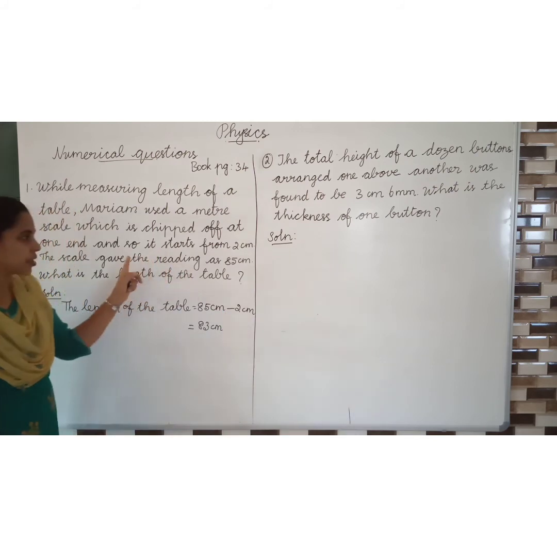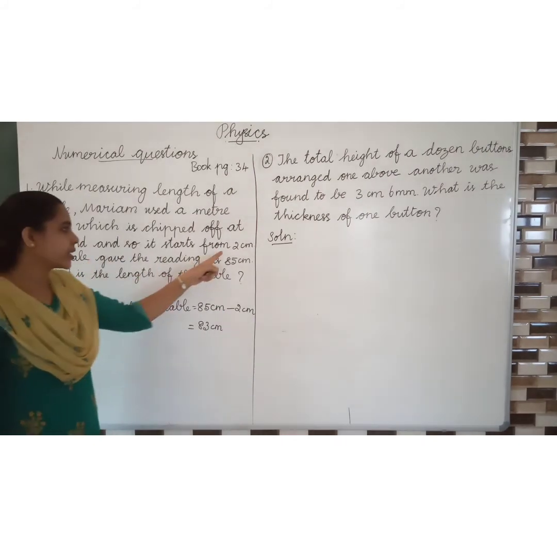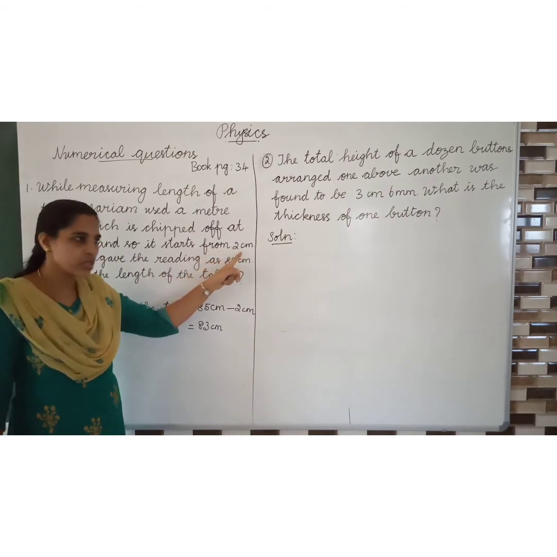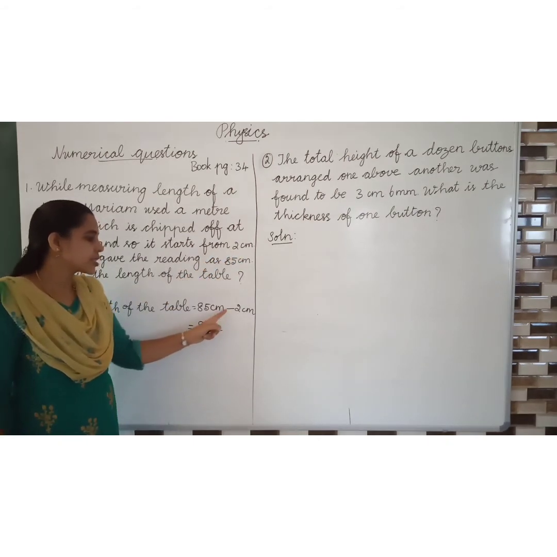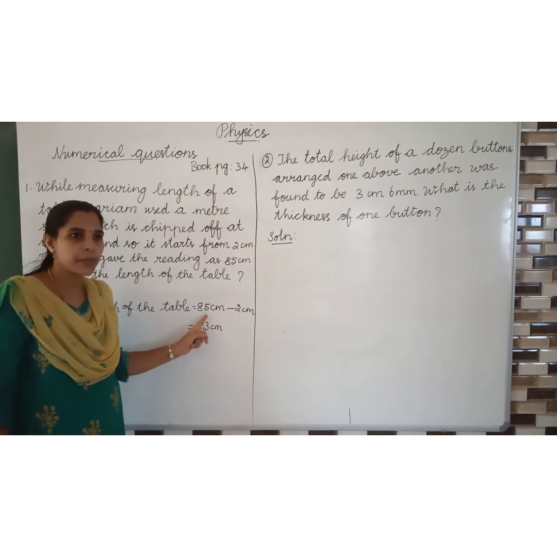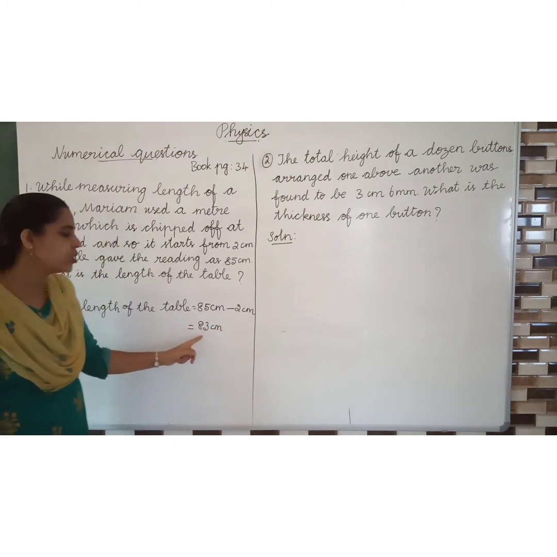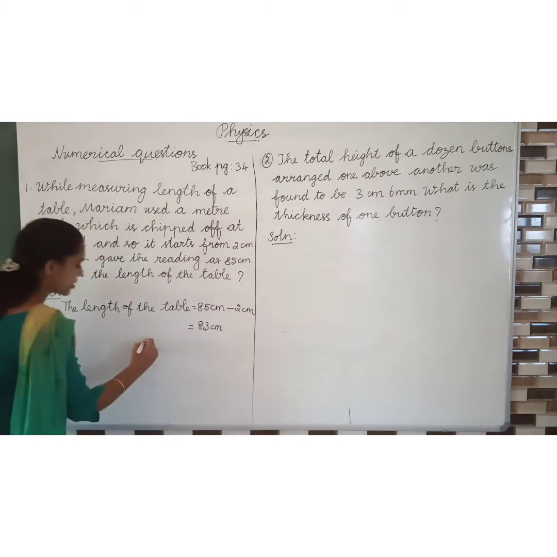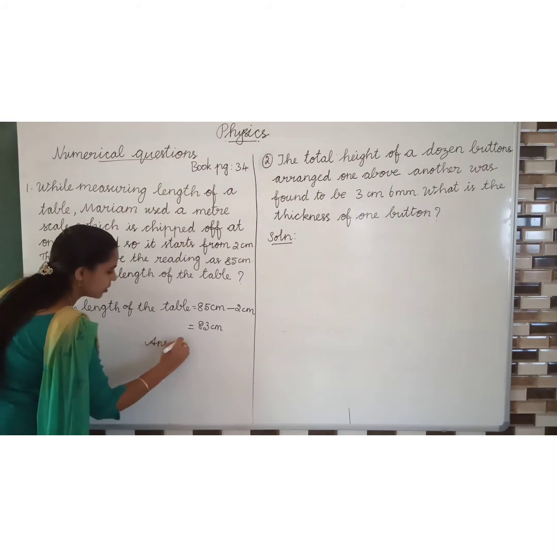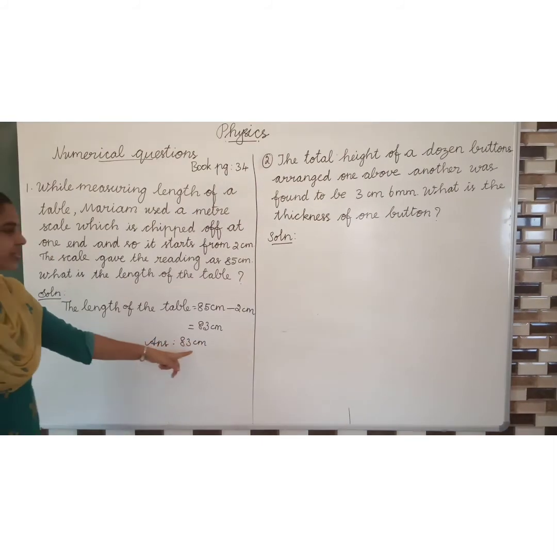The meter scale was chipped, so measurement starts from 2 centimeter. So we have to subtract 2 centimeter from 85 centimeter. 85 centimeter minus 2 centimeter is equal to 83 centimeter. So the answer is 83 centimeter. This is the length of the table.